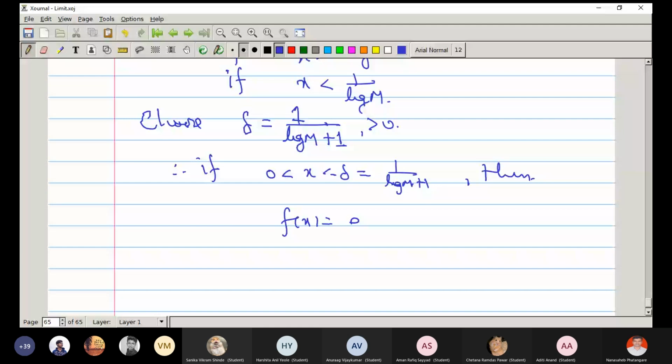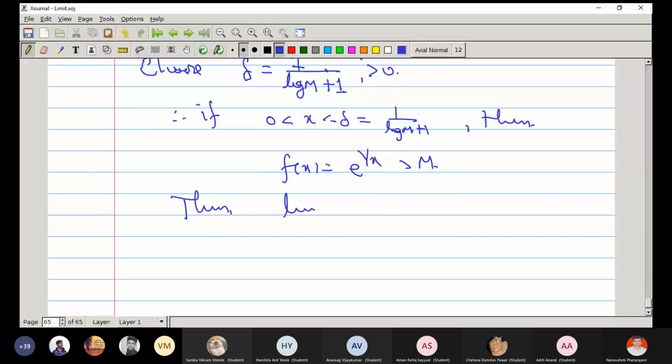What is the conclusion? Limit x tends to 0, e raised to 1 by x, if you approach from the right side, is infinity. Okay, any doubt in this? Is it clear what I am saying? Yes, sir. Right.